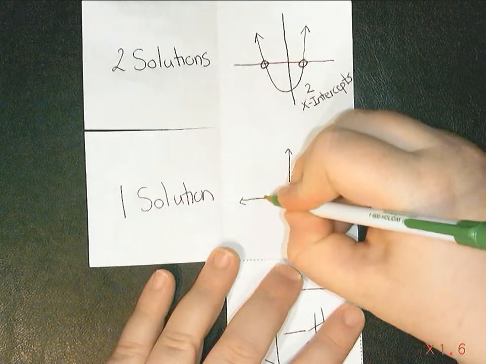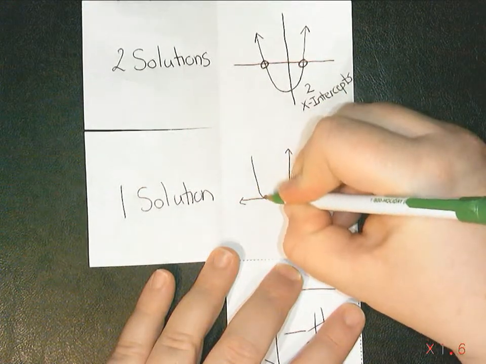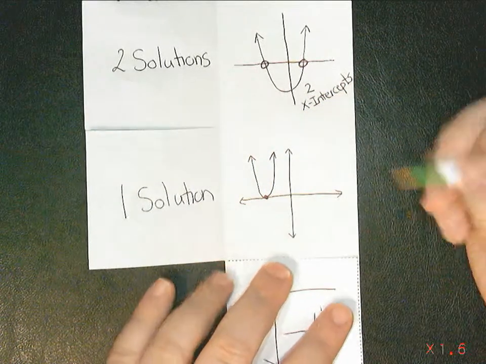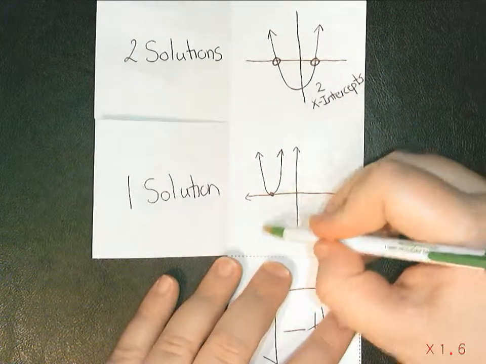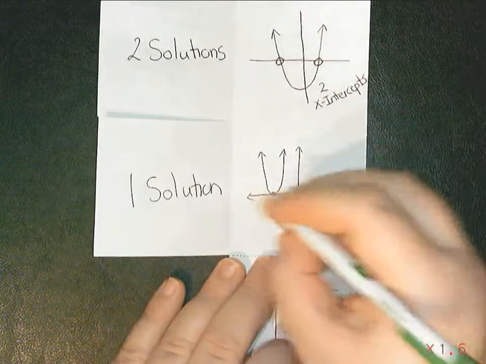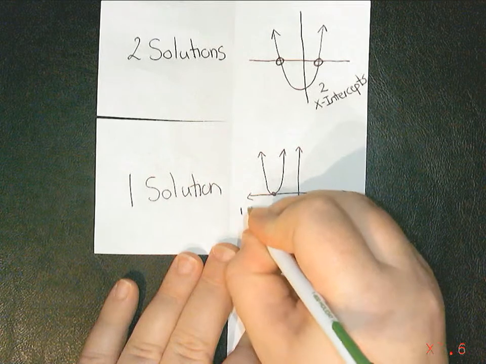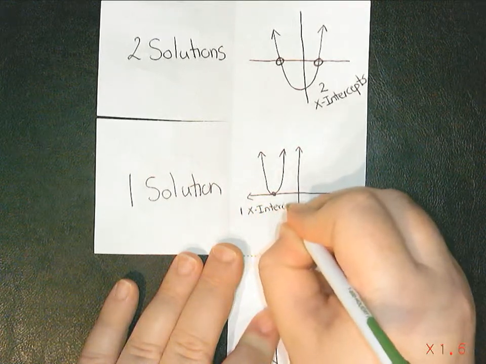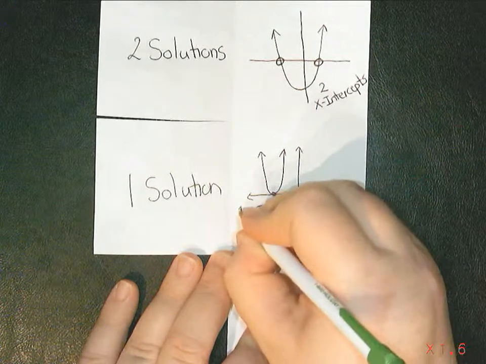Well, that x-intercept is going to have to be the vertex of the parabola so that it only crosses in one place. It could be right side up or upside down, but it just touches once at the vertex. So I'm going to say one x-intercept at the vertex.